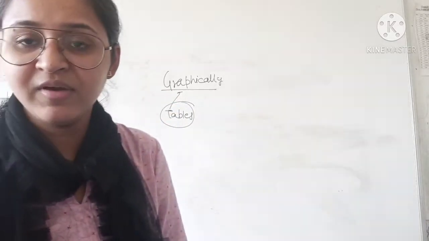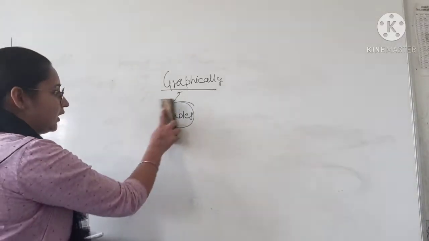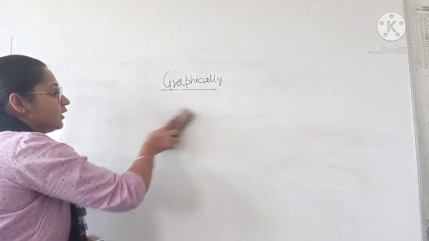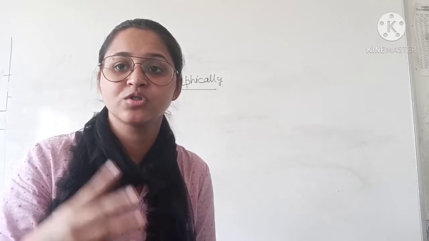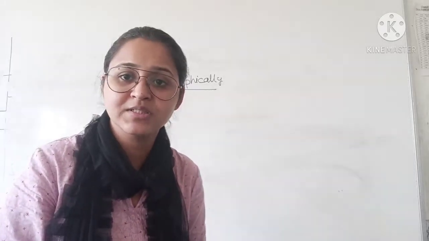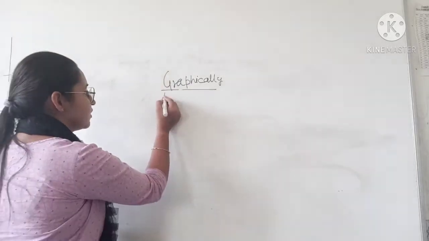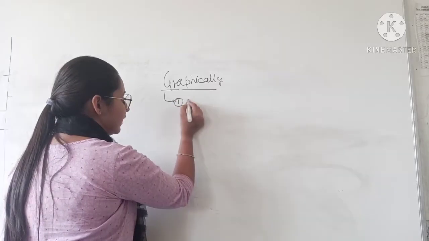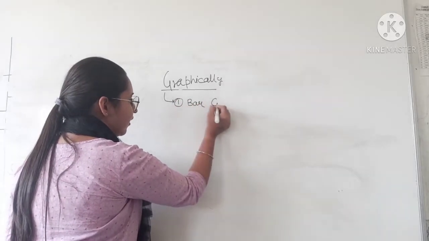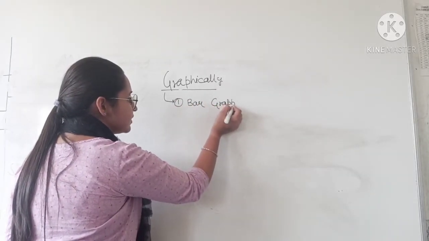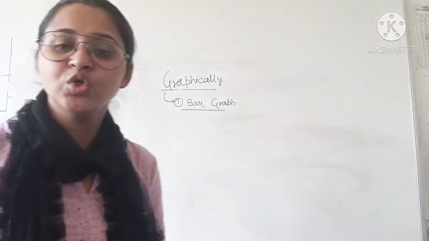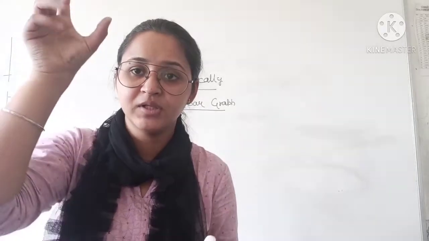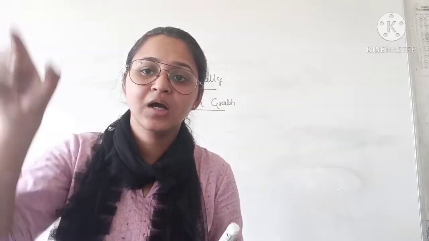Now, how many ways can we represent our data graphically? In the graphical method, there are three ways. First is bar graph, which means you are representing your data with the help of bars.